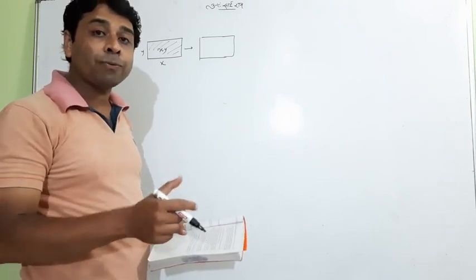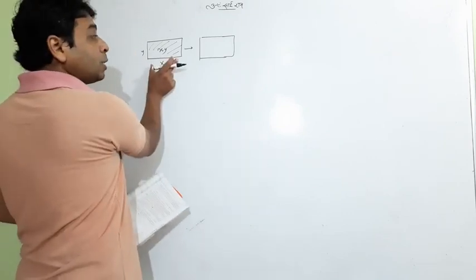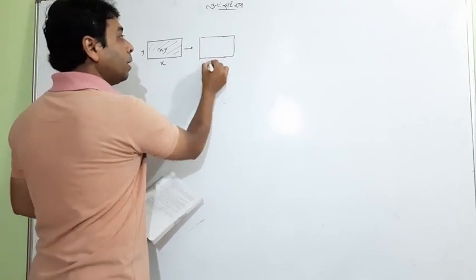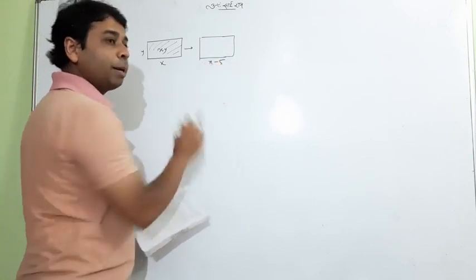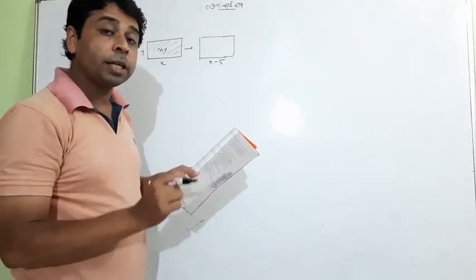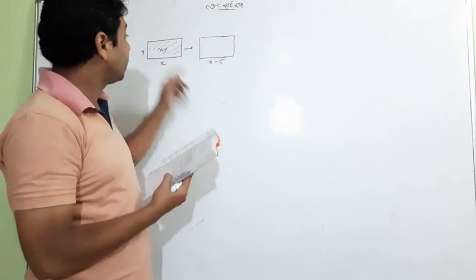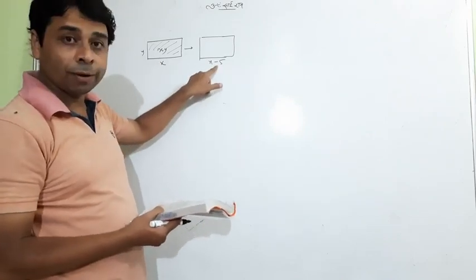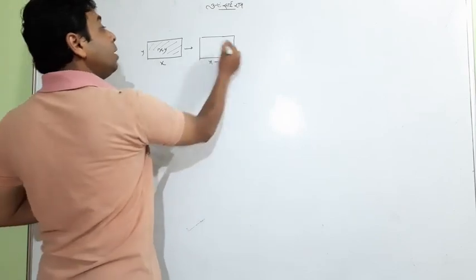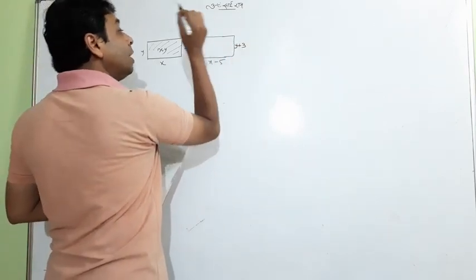The original length was x. Now it is x minus 5. From where did it come? The question says the length is reduced by 5 units. The length was x, now it is x minus 5. And the breadth is increased by 3 units. The breadth was y, it is increased by 3 units.